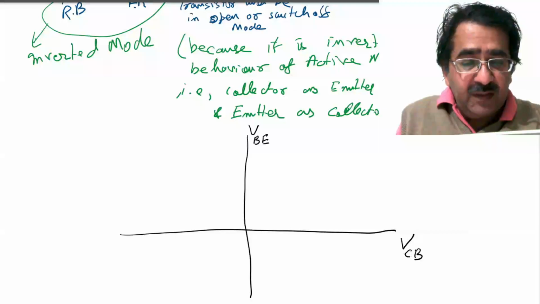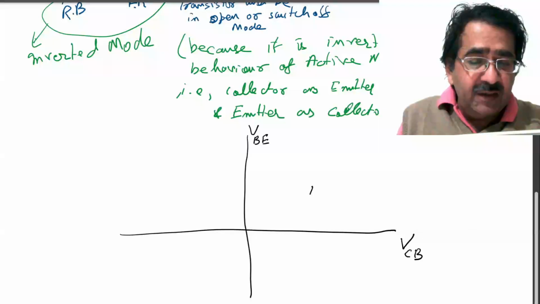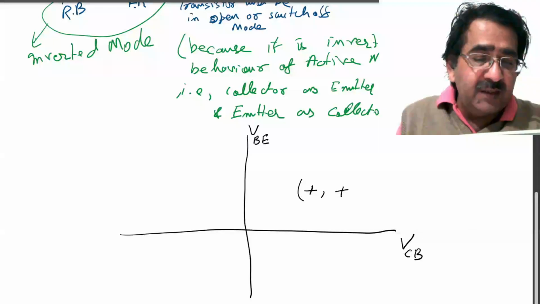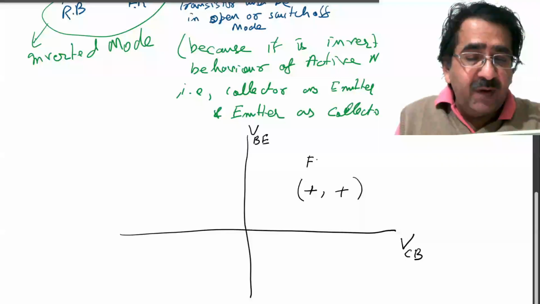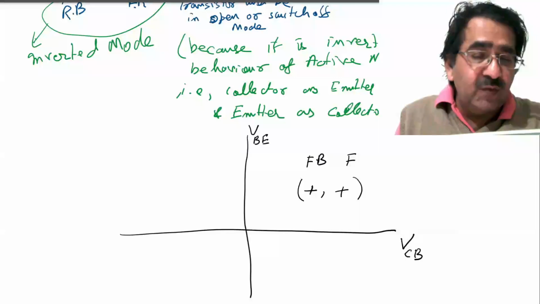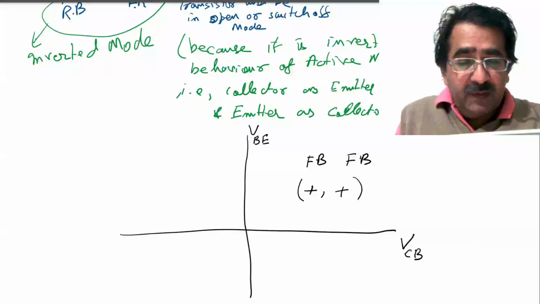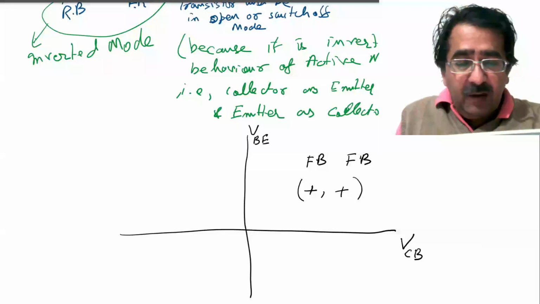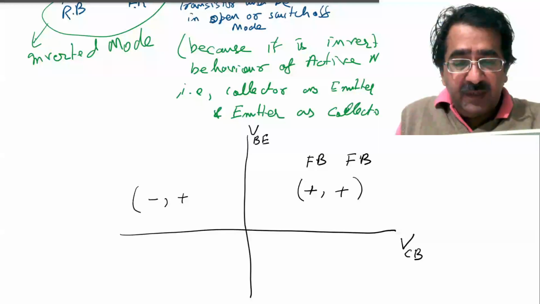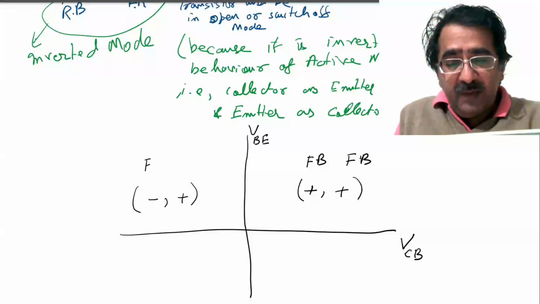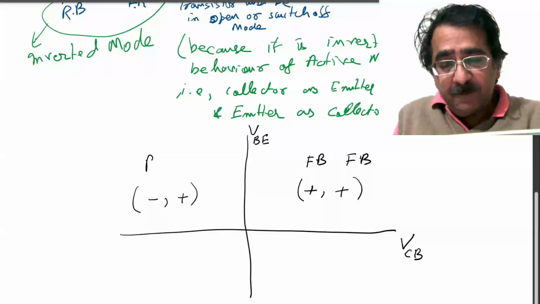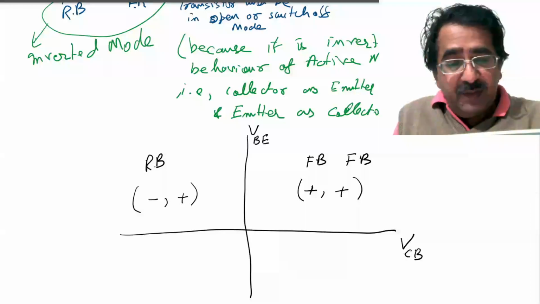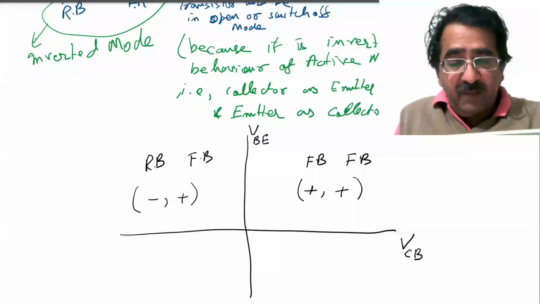In the next mode, the CB output will be negative and the other positive, so this will be reverse biased and this will be forward biased.